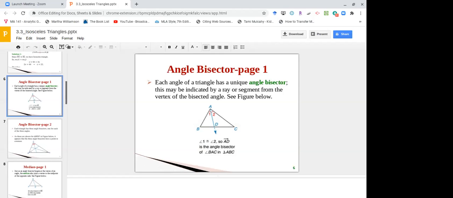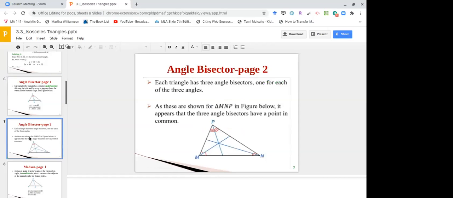Each angle in a triangle has a unique angle bisector. So there's one bisector that goes through vertex A. There's one bisector that goes through vertex B and one that goes through C, as you see here. And there's properties for those different angles.